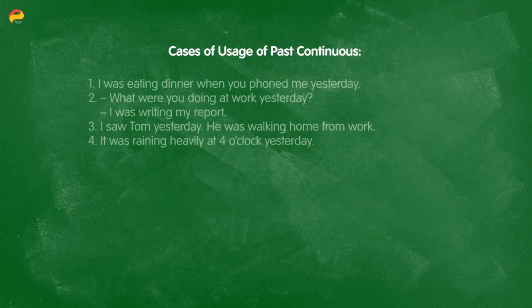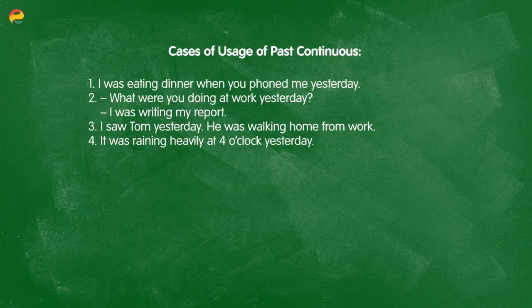So now let's discuss some cases of usage of the past continuous tense. For example, I can say that I was eating dinner when you phoned me yesterday. Or, if you're one of my colleagues and you ask me, "What were you doing at work yesterday?" "Oh, I was writing my report at work yesterday."